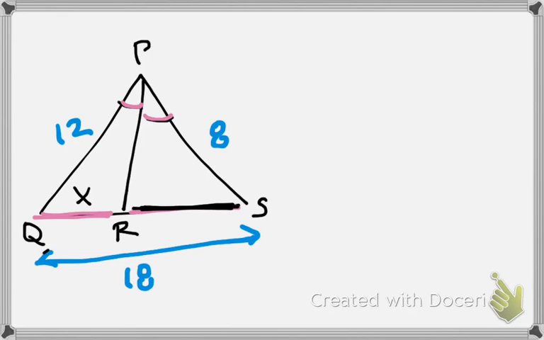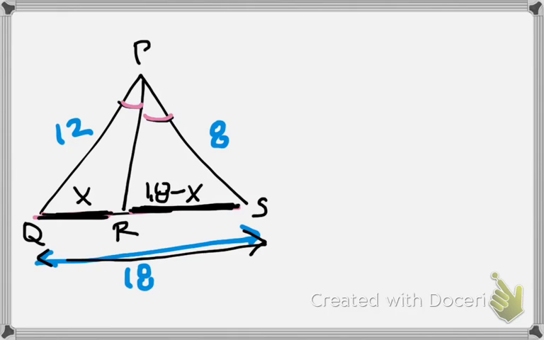Well, since the whole thing happens to be 18, and we know this little part is x, take 18, take away the x that you don't know, and you'll have what happens to be left over. So again, look at where I got that 18 minus x from. So I defined QR as x. So imagine x was 10. 18 minus 10 would give us what's left over.